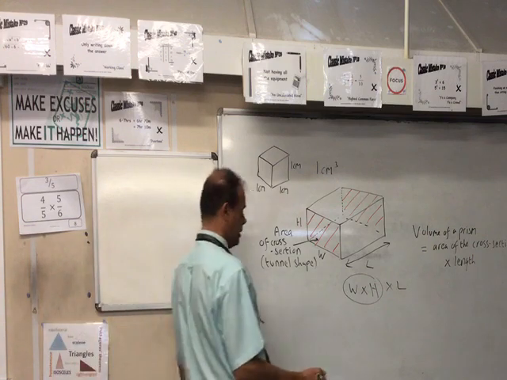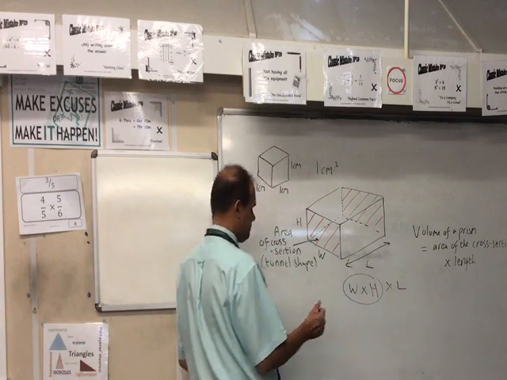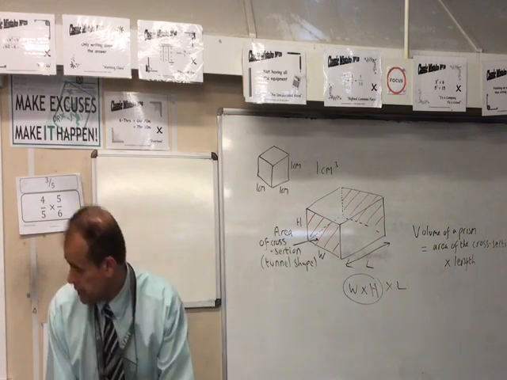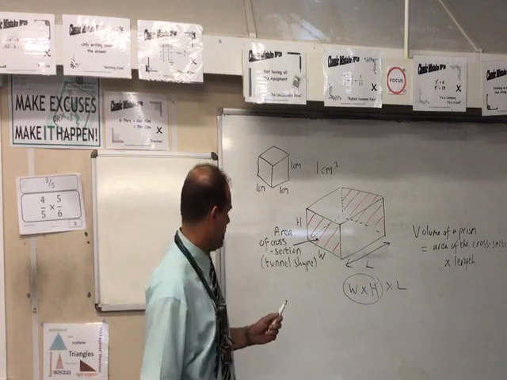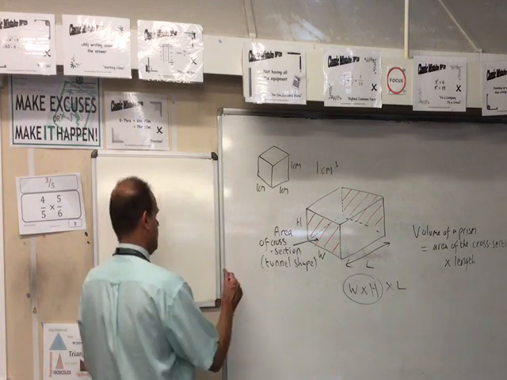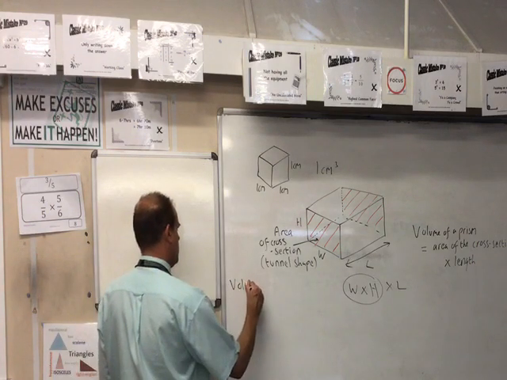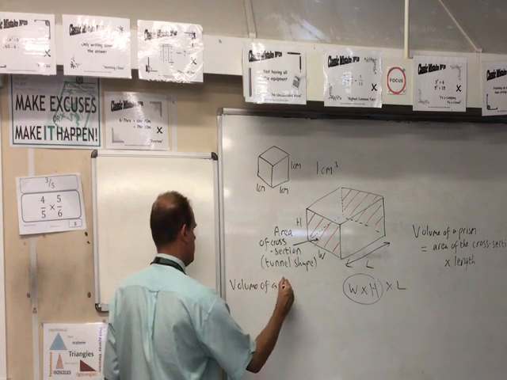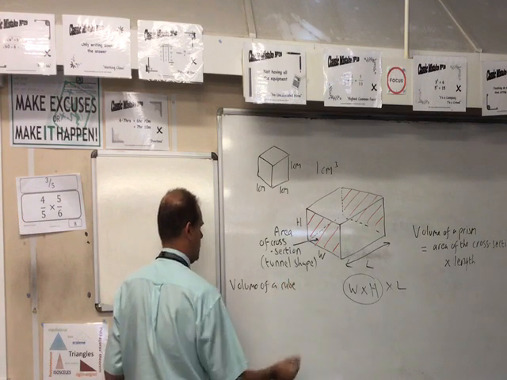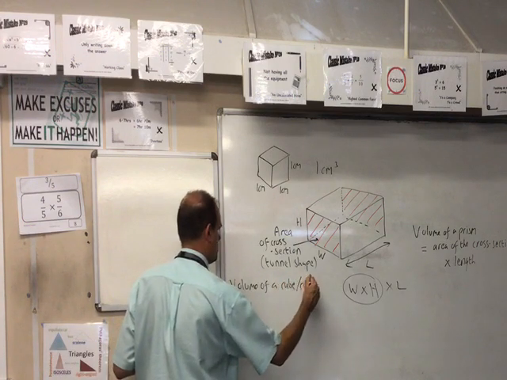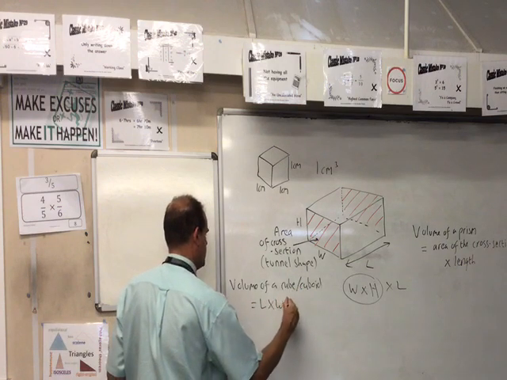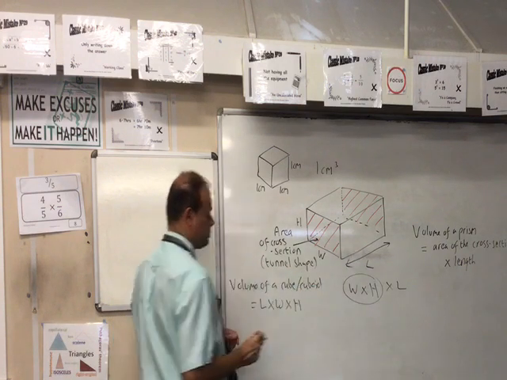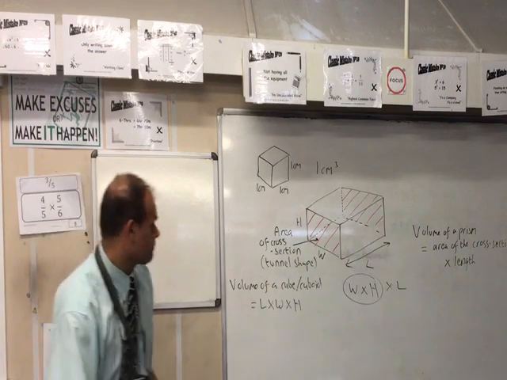So therefore, for a special case, okay, for a special case, what I can say now is here, that the volume of a cube or cuboid, just all the lengths the same, is going to be length times width times height, which is what that formula is doing, but it's just a shortcut to that.